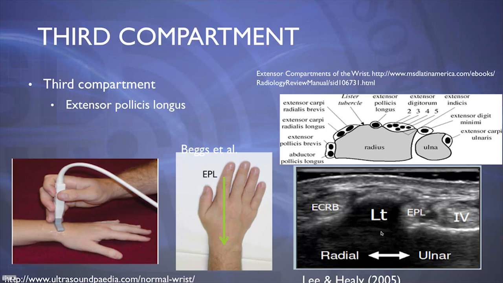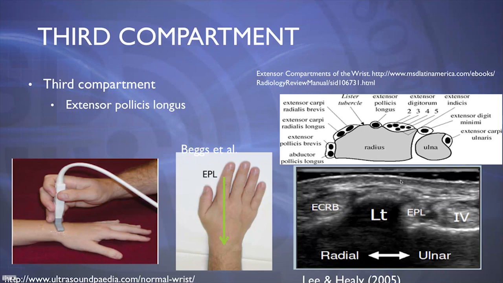Again, EPL, you're going to be looking at that from proximal to distal in transverse, as well as in longitudinal. The extensor pollicis longus, or the EPL, is going to actually insert onto the distal phalanx of the thumb. If you were to follow this more distal, you'll see that this EPL is going to move over the top of compartment 2 to traverse over to the thumb.